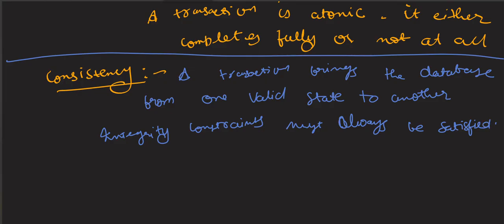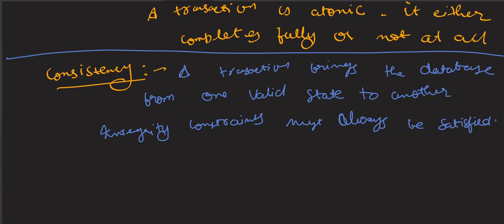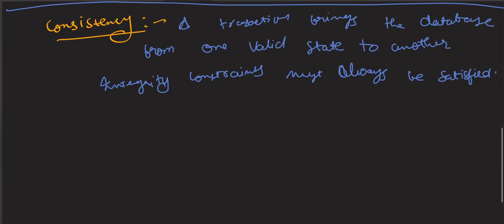Okay. For example, suppose the total money in a bank remains constant before and after a transaction. Let's take an easy example to understand it. Suppose in your bank account A and B, in your account 500 is there, and your friend's account has some thousand.